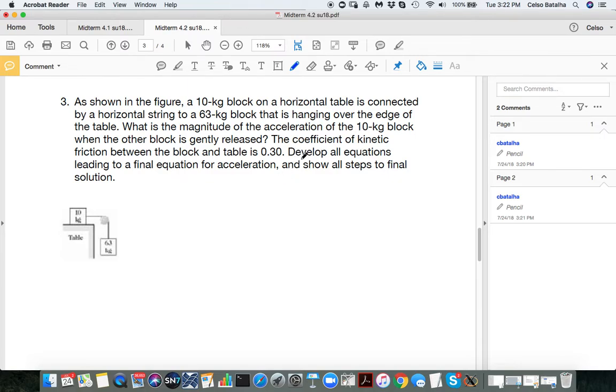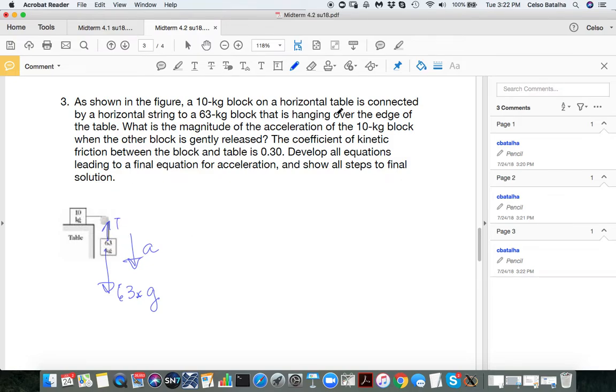I don't recommend trying to memorize equations for acceleration because each problem is a different situation and circumstances. But basically, you have an acceleration down. You have 63 times g, 9.8, and you have a tension T upward.